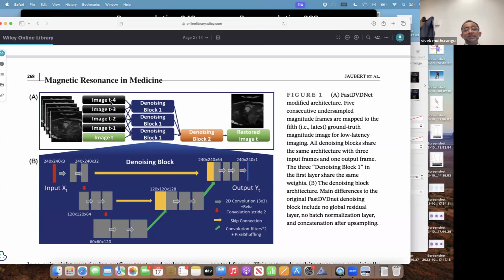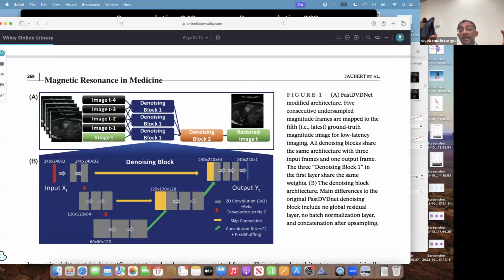And what happens is that we need that temporal redundancy. So this is the image that we want to reconstruct, and then we take the 4 images that come before that, and we put 3 images into the first block, 3 images into the second block, 3 images into the third block. It's like a sliding window. They go through this block and then through another denoising block, and then we get our deep artifact suppressed image.